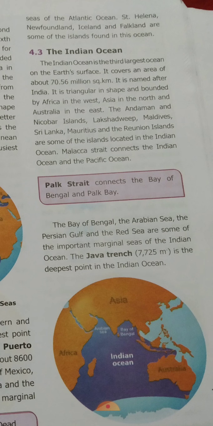Now see the third one is the Indian Ocean. The Indian Ocean is the third largest ocean on the Earth's surface. It covers an area of about 70.56 million square kilometers. It is named after India.